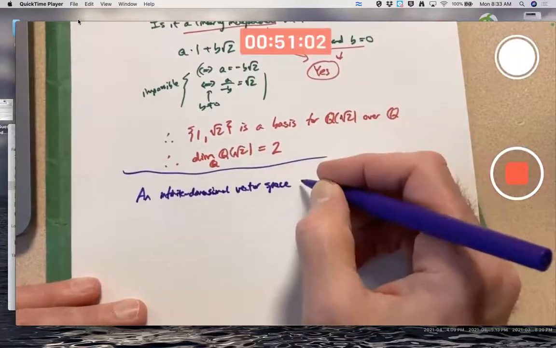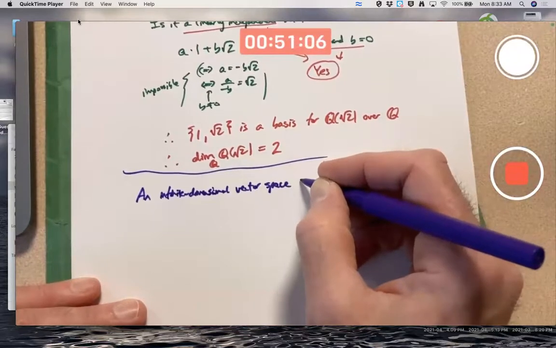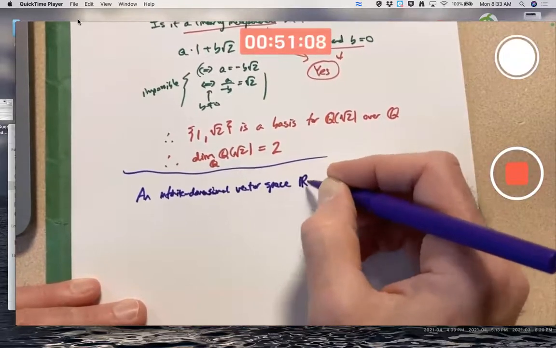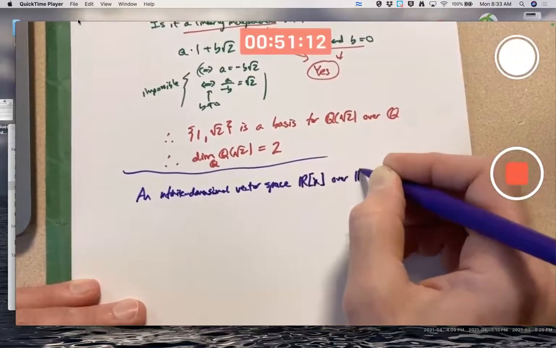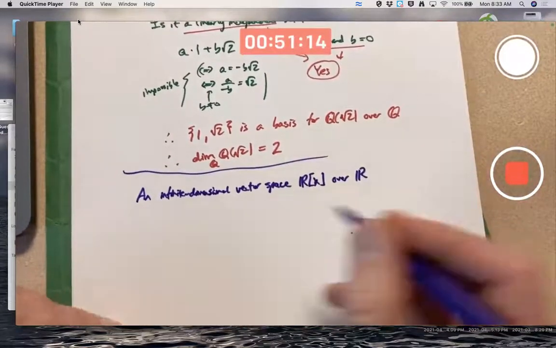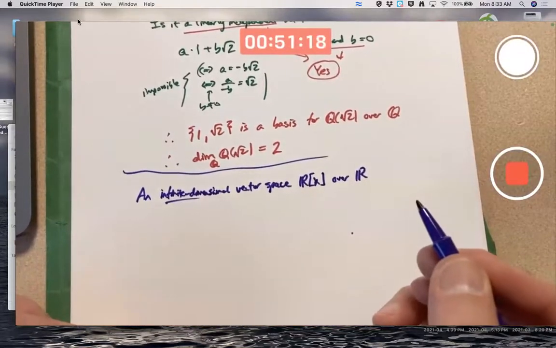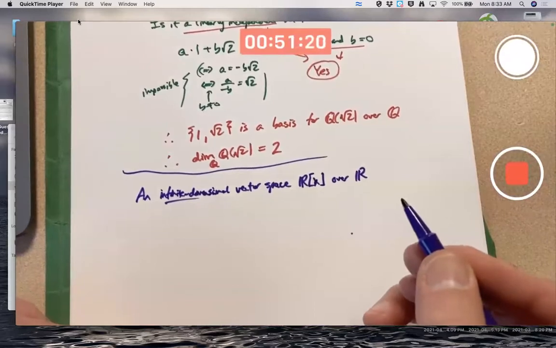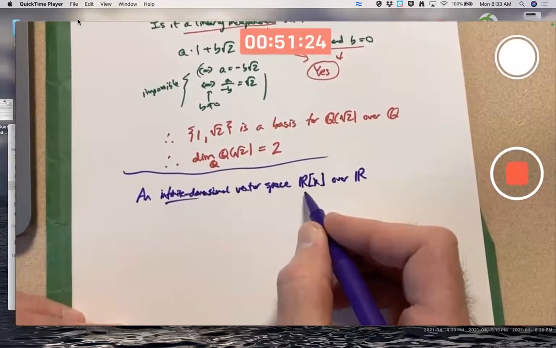Let's just go ahead and pick Rx over R. That would be one example of an infinite dimensional vector space. It doesn't have a finite basis. This is the set of all polynomials with coefficients in R, like usual.